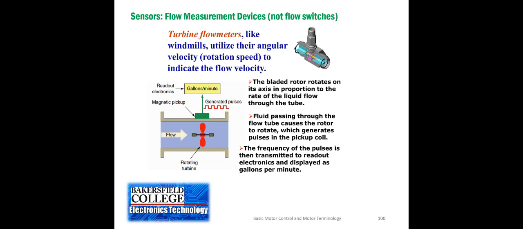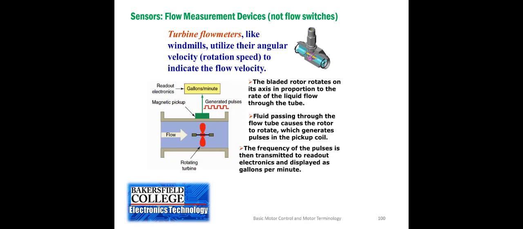There is a type of flow measurement device that actually measures the amount or rate of flow. And that's also called the flow velocity. And there is a whole lot to these and how they work. That is covered in great detail in the instrumentation class. But basically what I want to do is just talk about a couple of these common flow measurement devices.